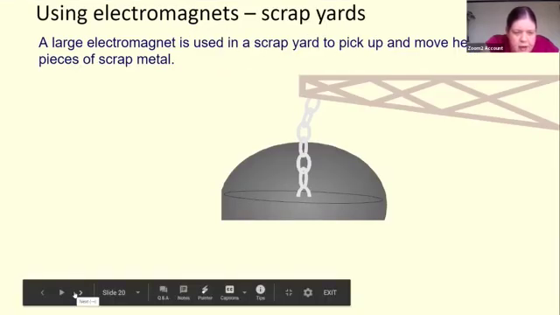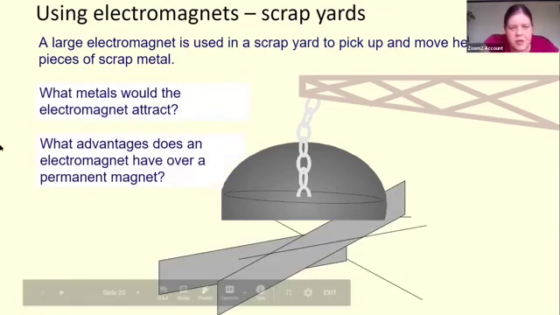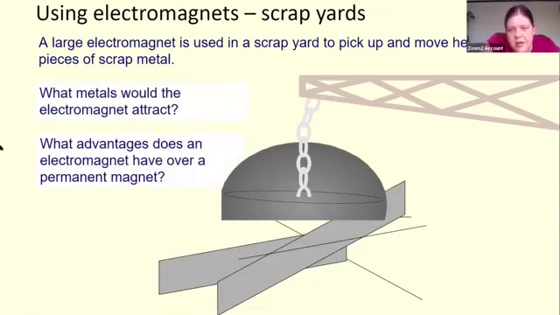Okay, next bit I'm just putting in because it can come up, and it's useful because you need to know how to apply an electromagnet. So one of the biggest uses of an electromagnet is in a scrapyard to pick up scrap metal, or in a car junkyard to pick up cars and move them around. Large electromagnets can be used, and they will attract any of those 4 materials at the beginning. So steel, which is often found in cars, iron, cobalt, nickel.